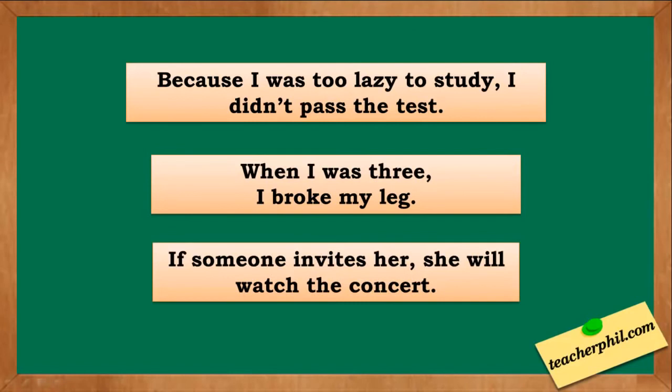If someone invites her, she will watch the concert. This time, we put the dependent clauses at the start of the sentence. Because I was too lazy to study, when I was 3, and if someone invites her are our dependent clauses. If you noticed, we put commas after them.